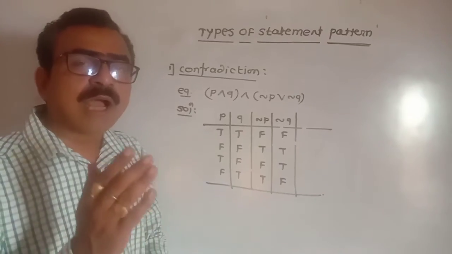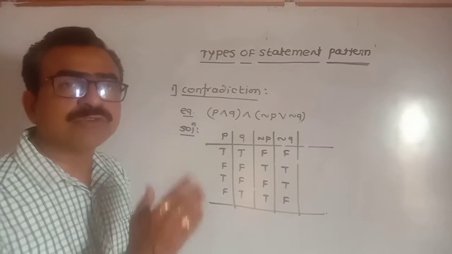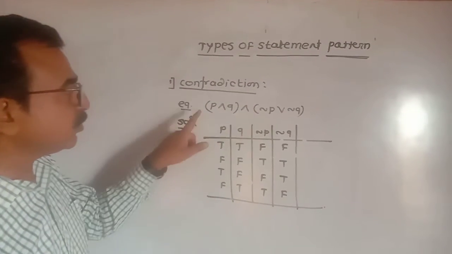After finding the values of negation P and negation Q, now solve the simple brackets.